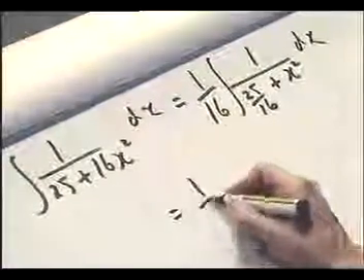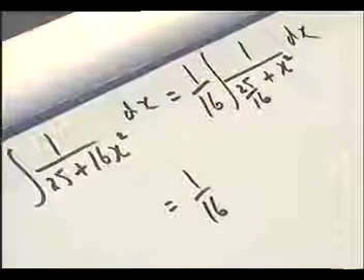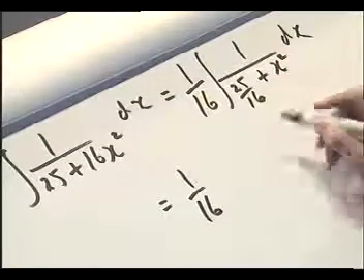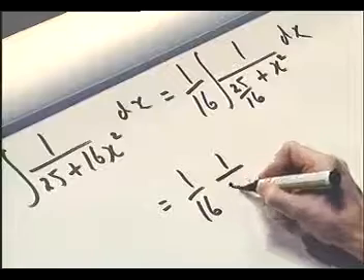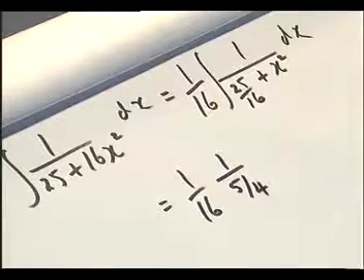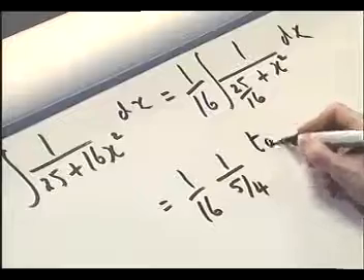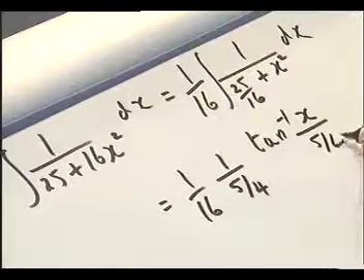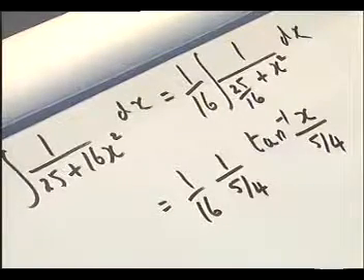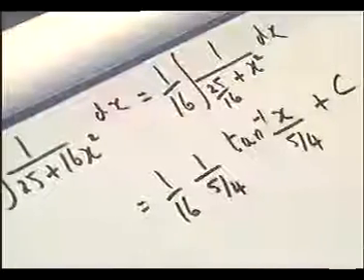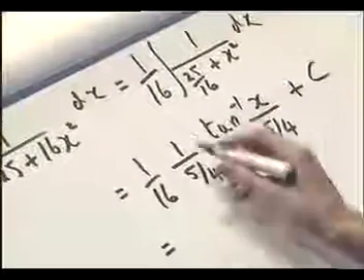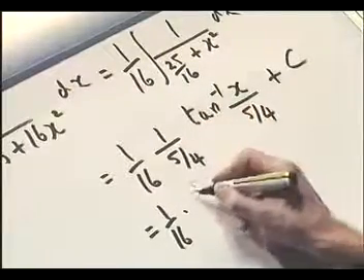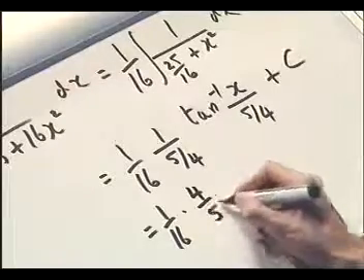The 1 over 16 can stay as it is. This is now a squared, so a must be 5 over 4. So we want 1 over a, 1 over 5 over 4, tan to the minus 1 of x over a. So x over 5 over 4, plus the constant of integration. Now we need to tidy that up a little bit. 1 over 16 times 1 over 5 over 4 is 4 over 5 times 1 over 16.